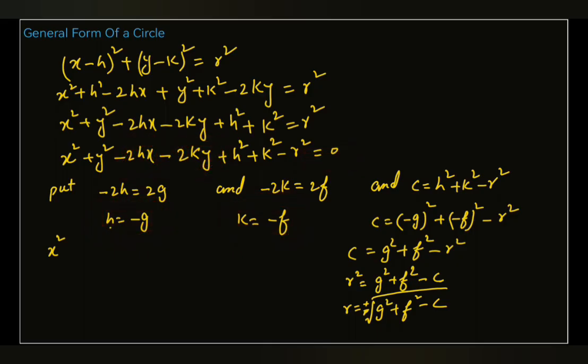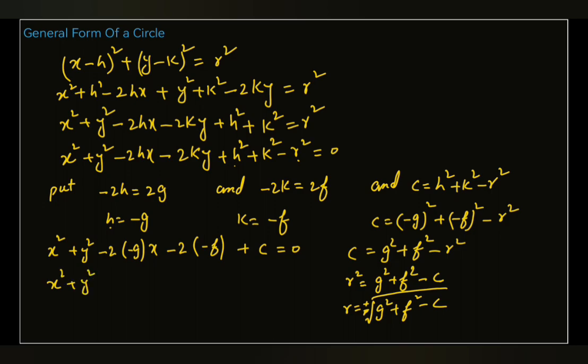So x square plus y square minus 2 into minus g x minus 2 into minus f. Here we note that h square plus k square minus r square is equal to c. So we take simply c is equal to 0. So x square plus y square.